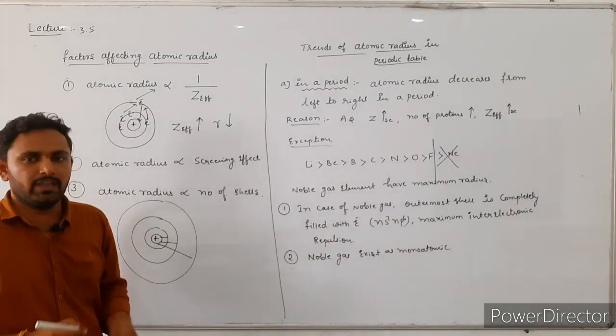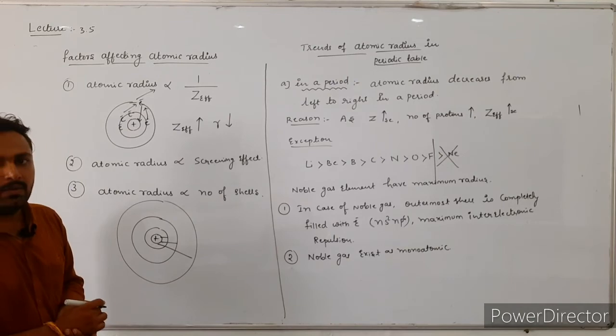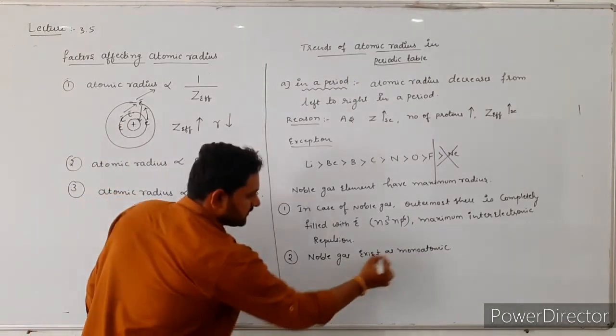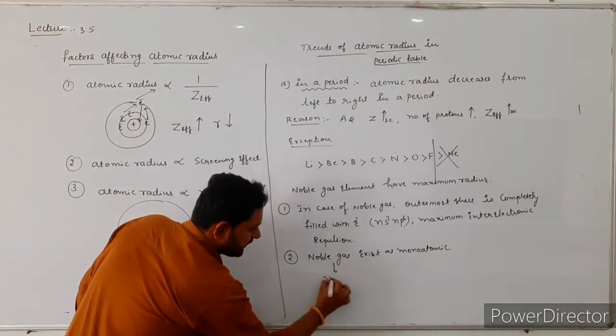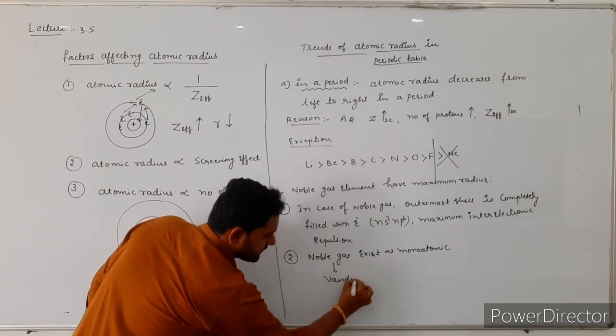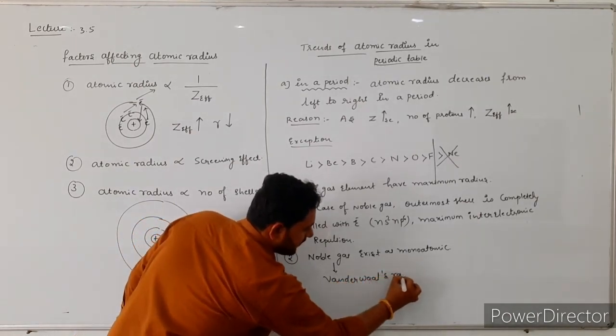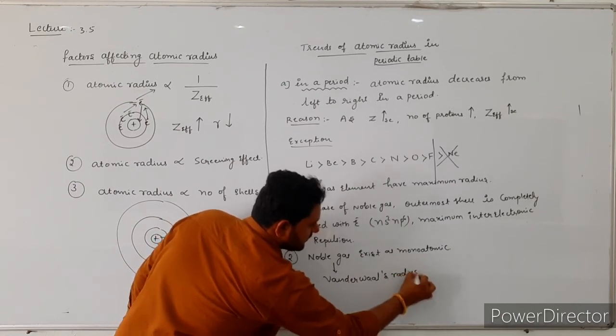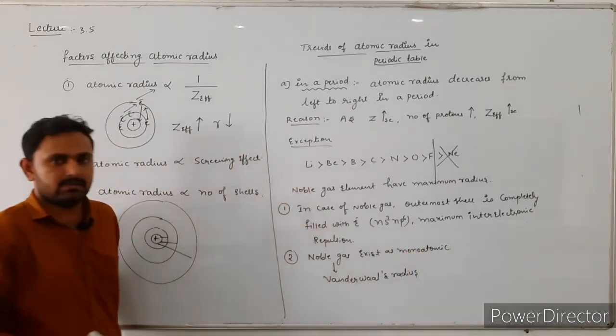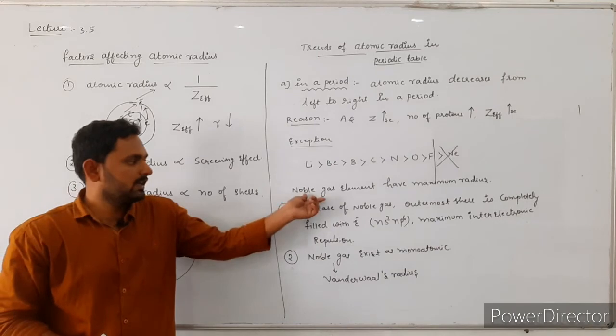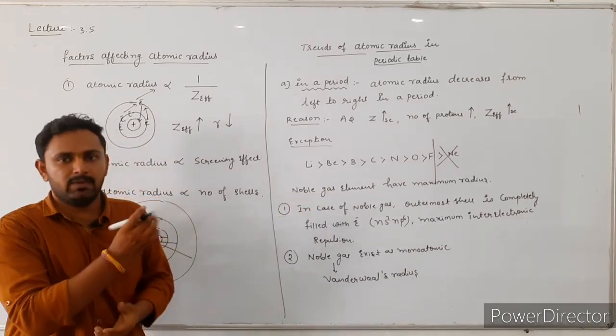They are non-bonding atoms. That's why we calculate van der Waals radius for noble gases. They are monoatomic gases. That's why noble gas element has maximum radius.